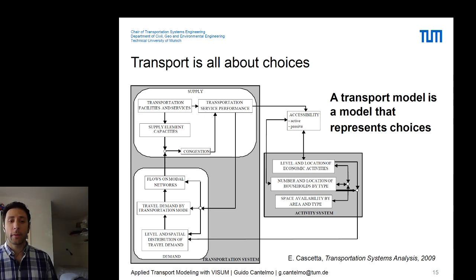The demand represents the people who want to actually use this infrastructure. And this depends on a lot of different options. We can, first of all, classify the demand based on the mode that they are using. We have to understand that the demand has temporal and spatial characteristics.